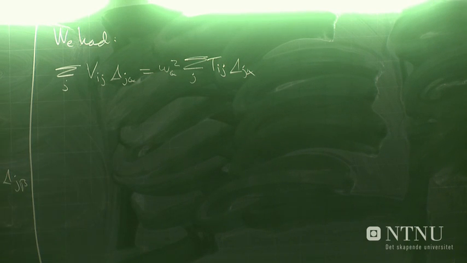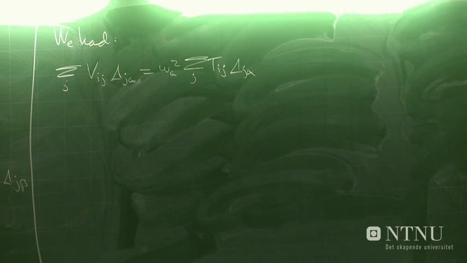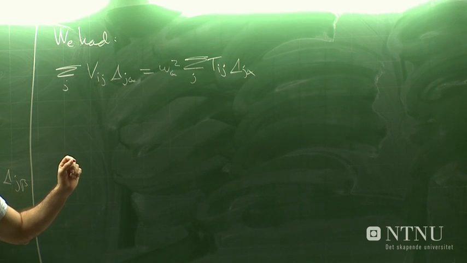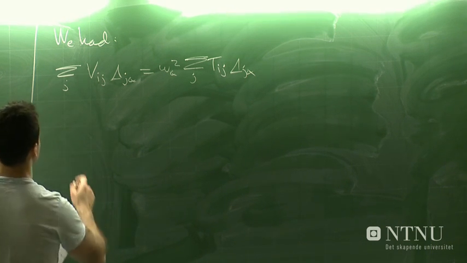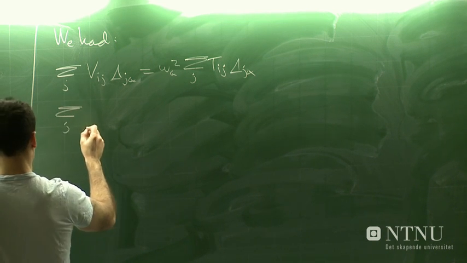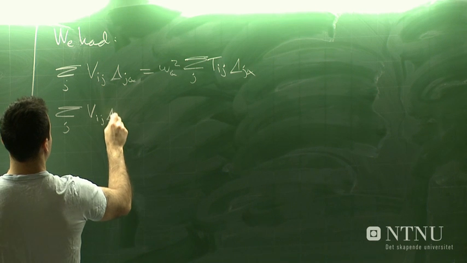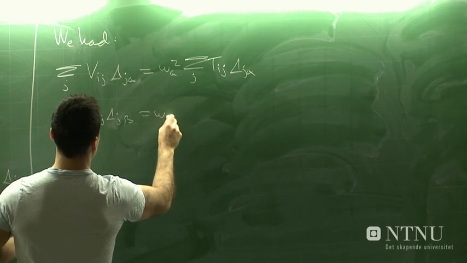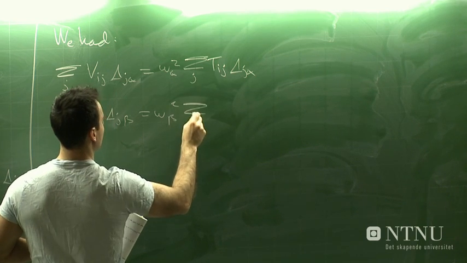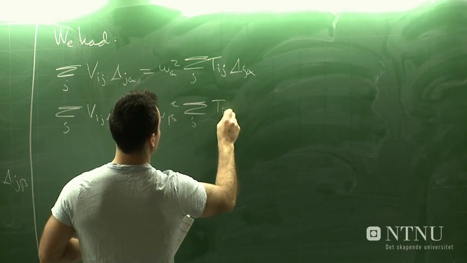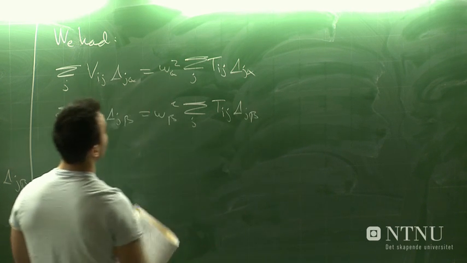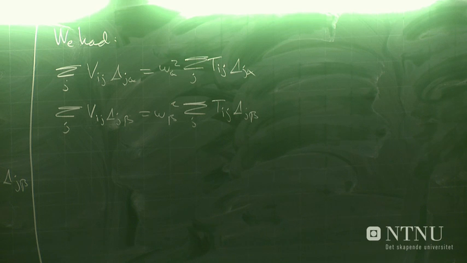So again, going back to our original equations, we had this. Very well. Let me now write exactly the same equation again, but for a different index. What could be the purpose of this?